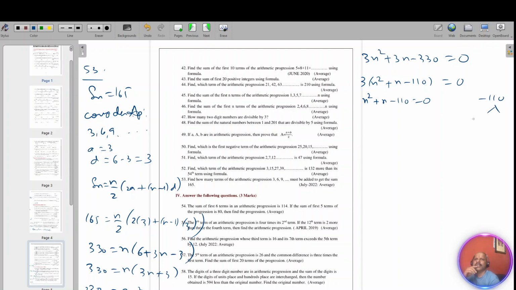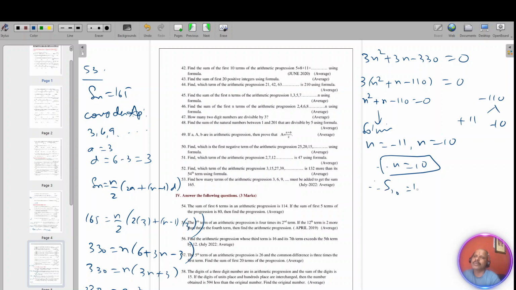For the factors, 11 and 10, with plus and minus, you get plus 1 and the product. So after solving this, we get N equal to minus 11, N equal to plus 10. Therefore, N cannot be negative. Therefore, N is equal to 10. Answer: 10 terms. Therefore, S10 is equal to 165. That's what we required.